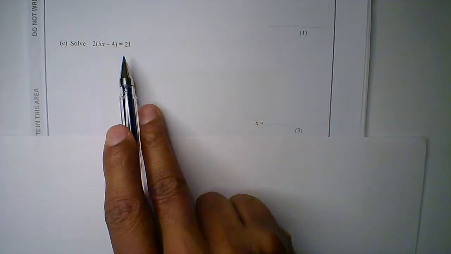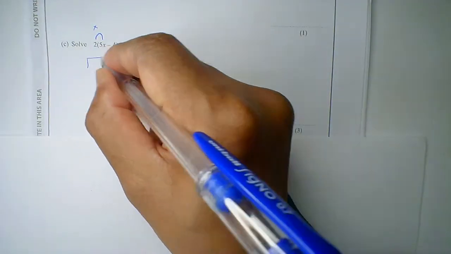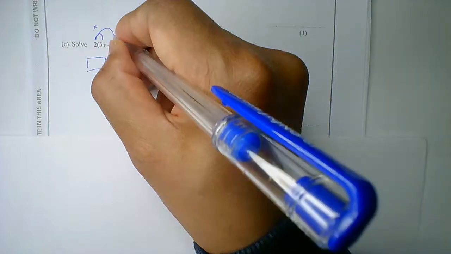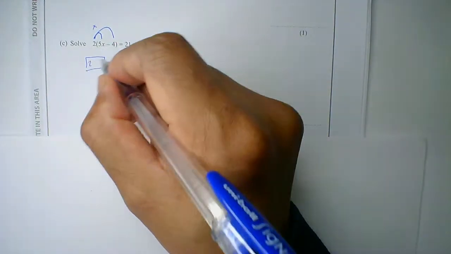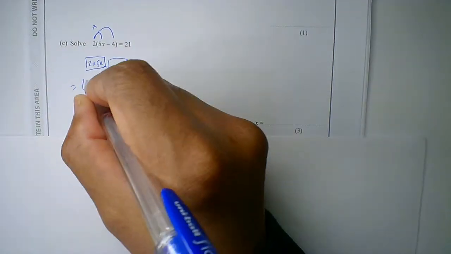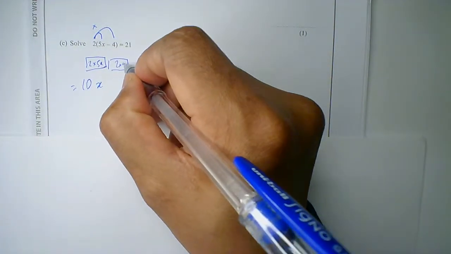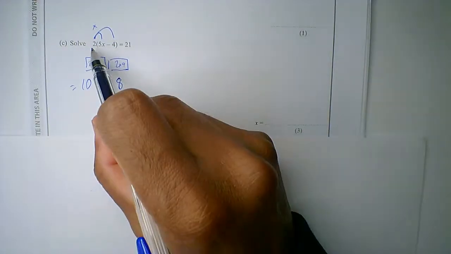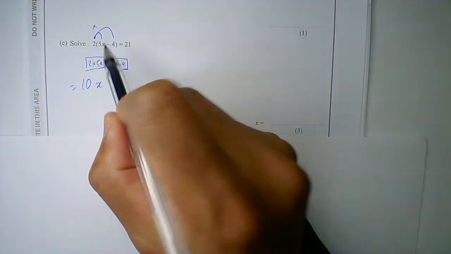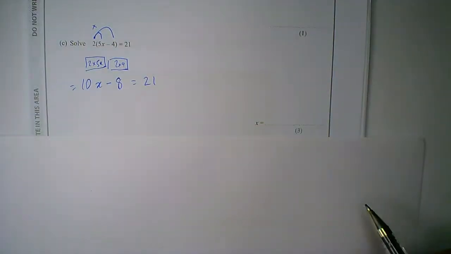So because it's going to give me a decimal, I'm going to expand the brackets like I've done previously. So this is going to be 2 times 5x, and then 2 times minus 4. So 2 times 5x is 10x. And then I've got 2 times 4, which is 8. But this is a positive and that's a negative. So when I have different signs, they give me a negative. That equals 21.